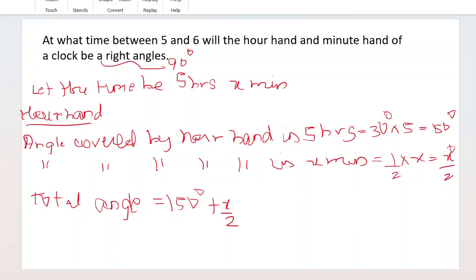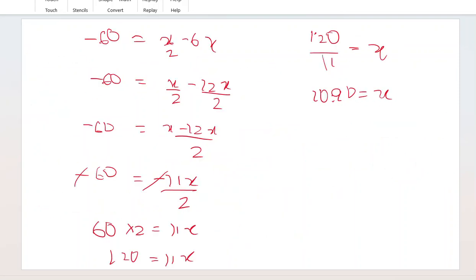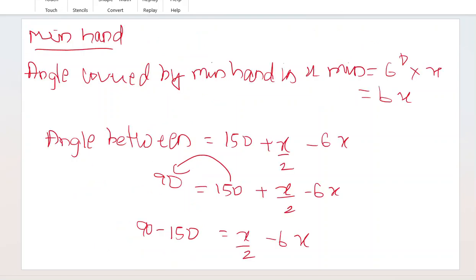Only for the right angle case, we should get two answers. Now, one answer we already received. The one answer that we got is 10.90. Now, we have to target the second answer. To get the second answer, in this step, when we did 150 plus x by 2 minus 6x, we will change the way we subtract.